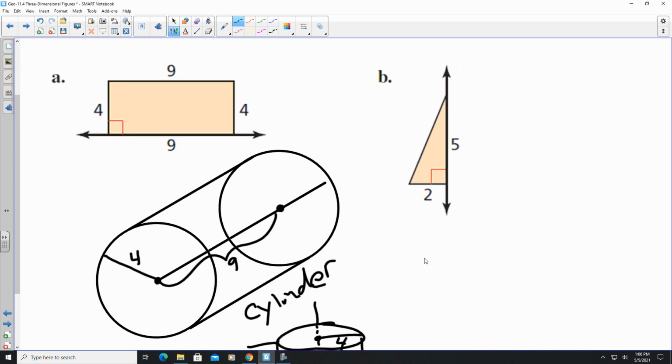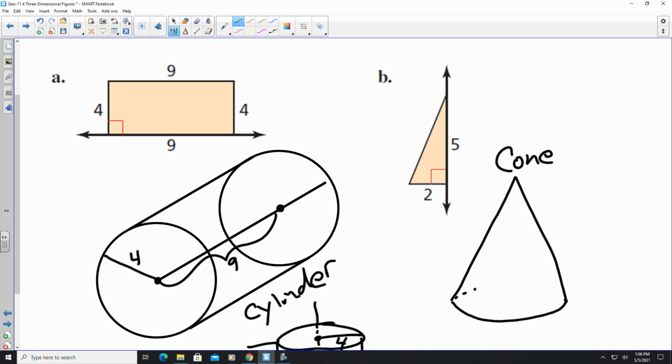If you look at the one in example B, if it wraps around that axis there, it's going to show up as a cone. And again, make it however you wish to illustrate it. And then this would be a radius of 2, and then you would get your height of 5.